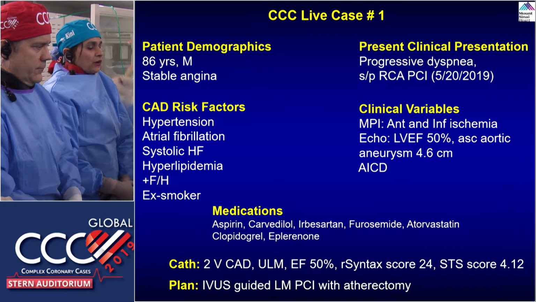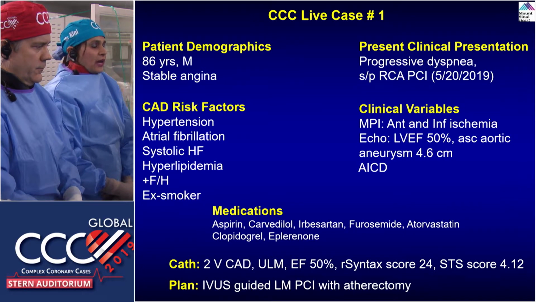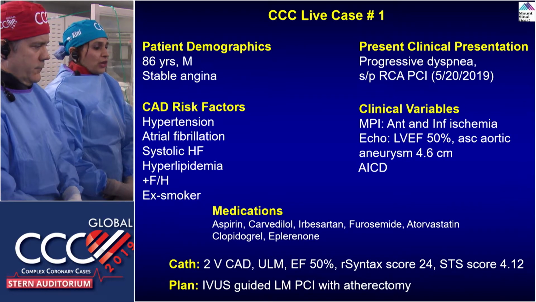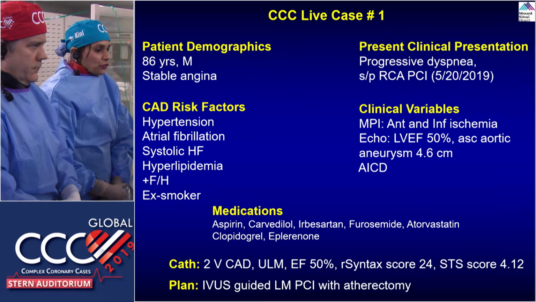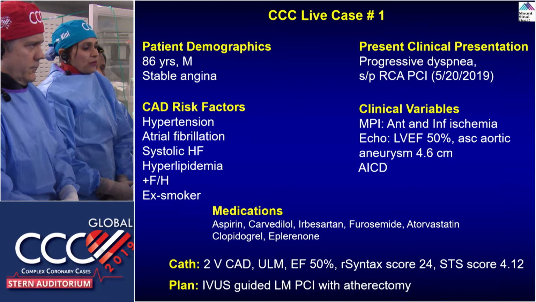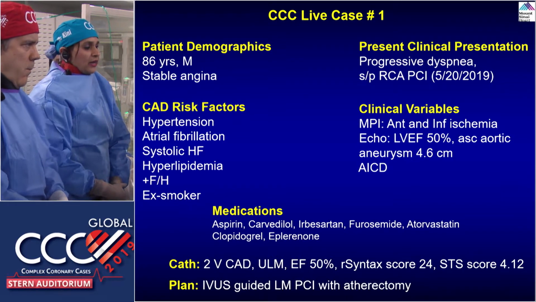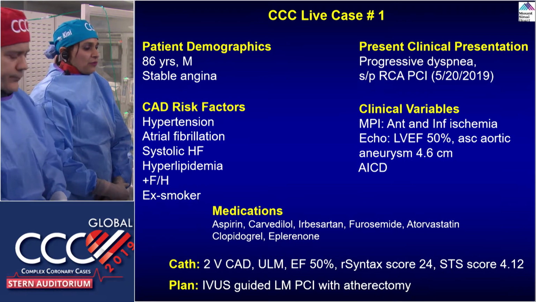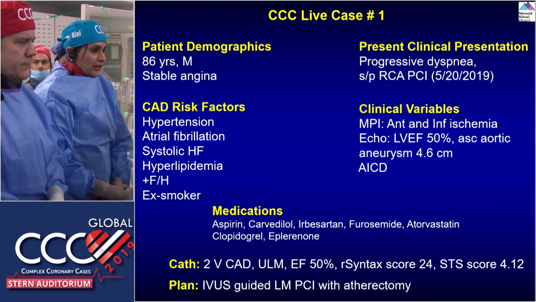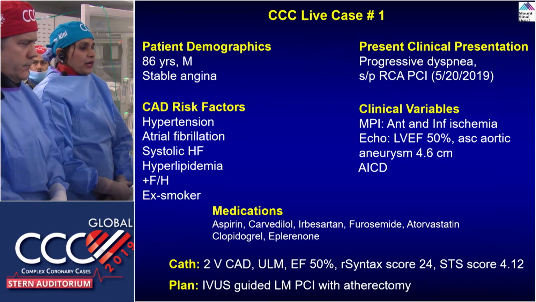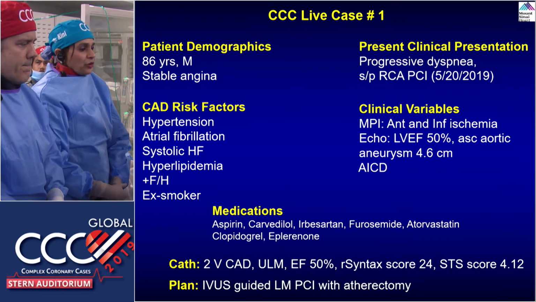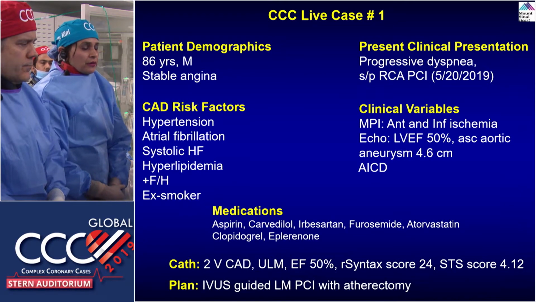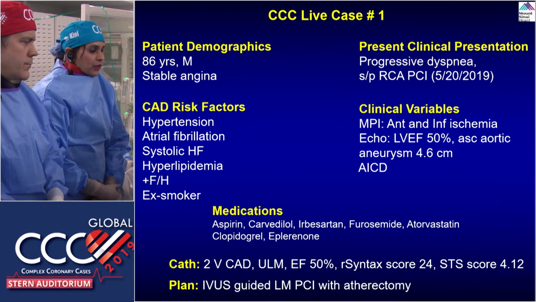He came for cath and had a significant 95% lesion of the ostial RCA, which we treated on the 20th of May. The MPI showed anterolateral, anterior, as well as inferior ischemia with an EF of 50%. He had an AICD because in the past he had LV dysfunction. Ascending aortic aneurysm measuring 4.6.